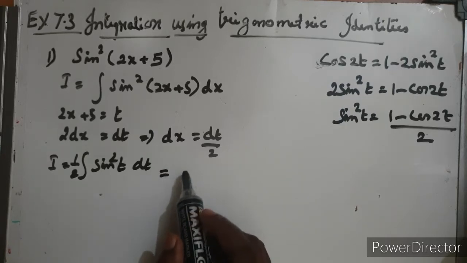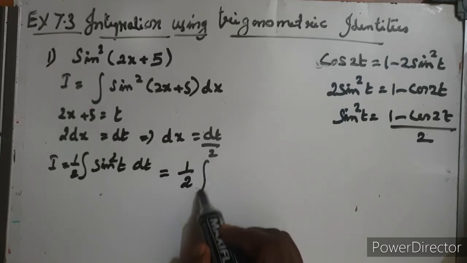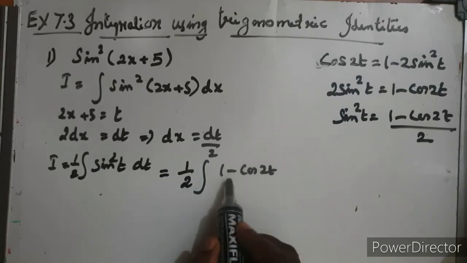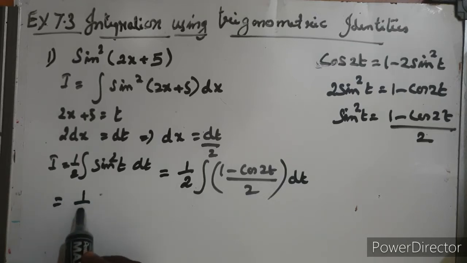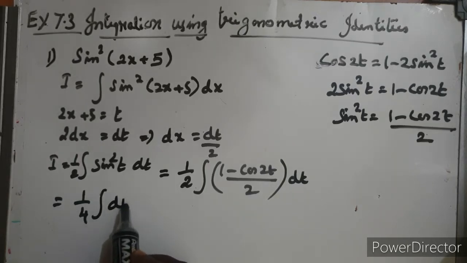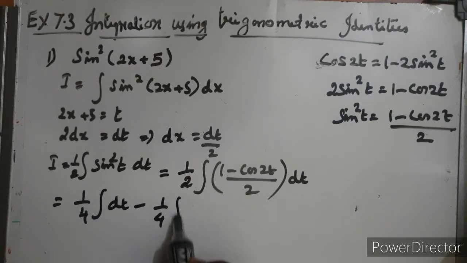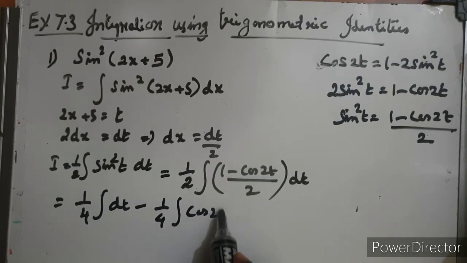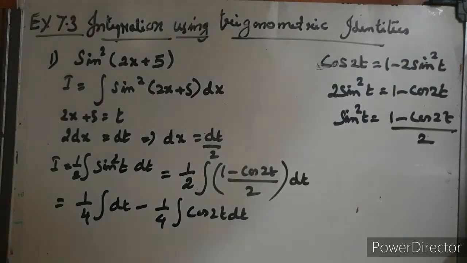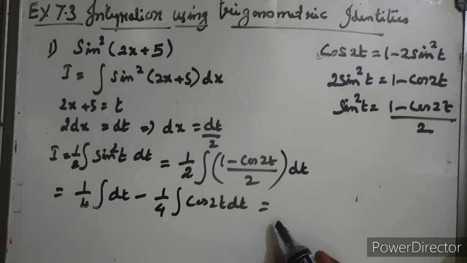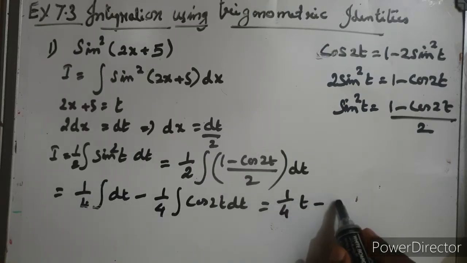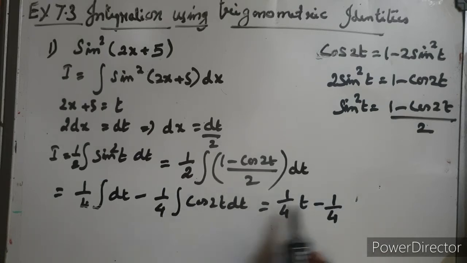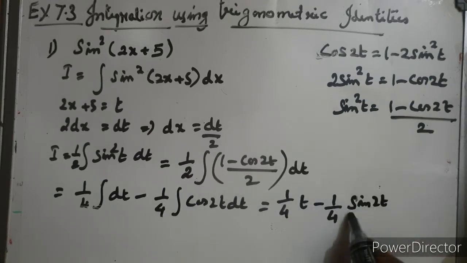So this can be written as 1 by 2 of 1 minus cos 2t by 2 into dt. Separating this, we get 1 by 4 integral of 1 into dt minus 1 by 4 integral of cos 2t dt, which is equal to 1 by 4 of t, since integral of dt is t, minus 1 by 4 of integrating cos 2t, we get sin 2t by 2, plus some constant c.